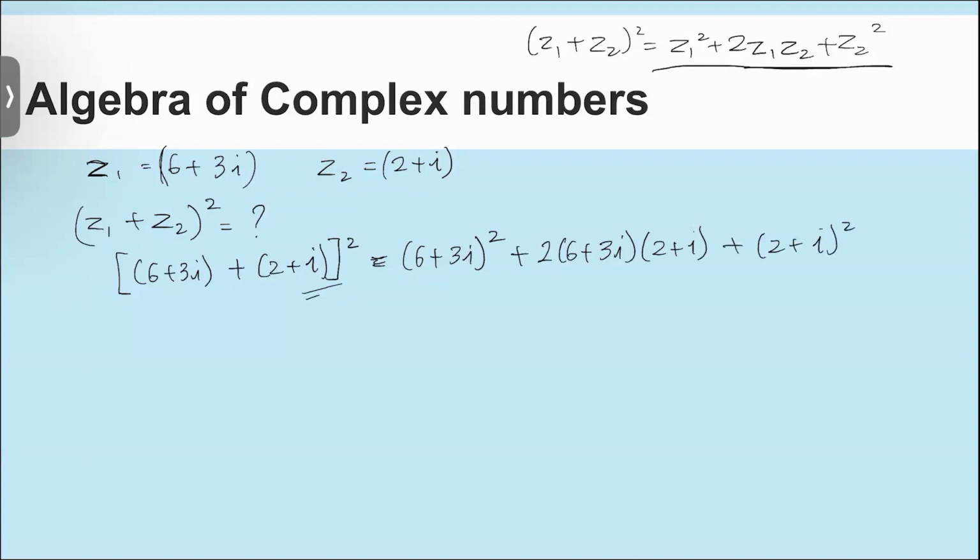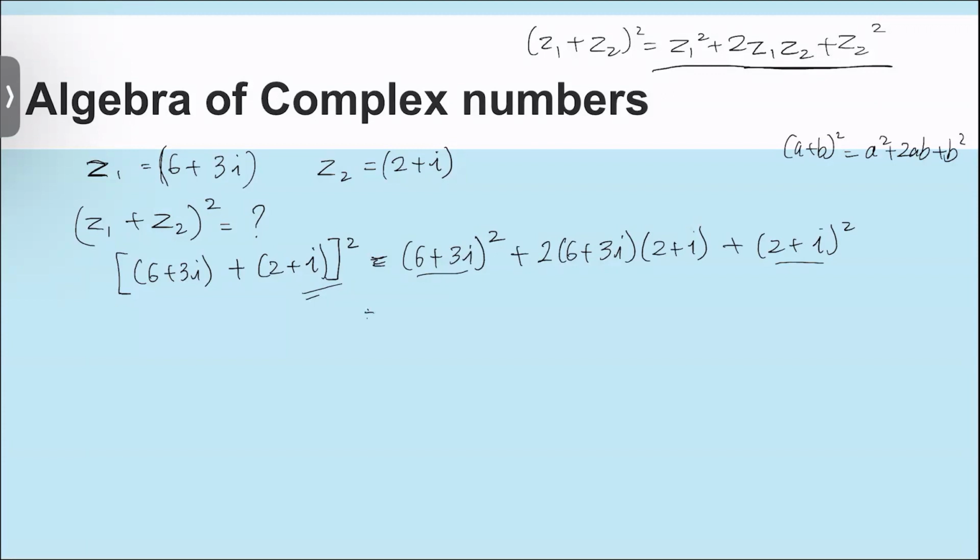Now these individual terms you can solve in the form of (a + b) the whole square. It would be in a similar form that you can expand and simplify.